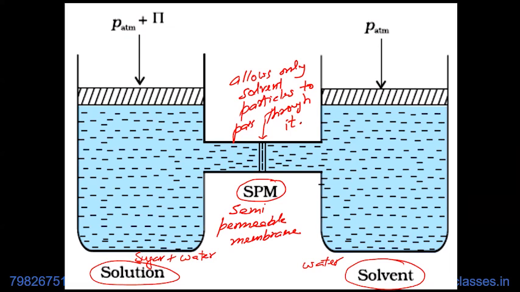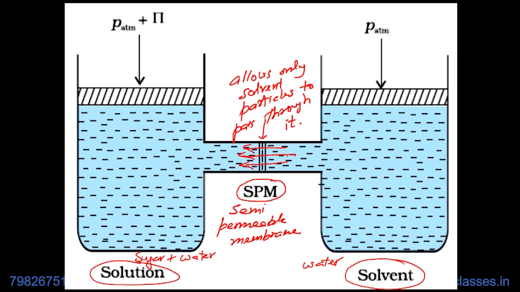So what will happen if there is no semi-permeable membrane? These two liquids will get mixed, and we will have the same amount of solute and solvent in both the beakers. But here, because the semi-permeable membrane allows only solvent particles to move, only solvent particles can move in this direction and they will start moving.